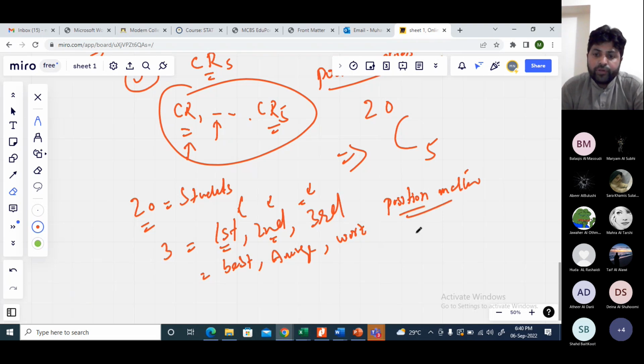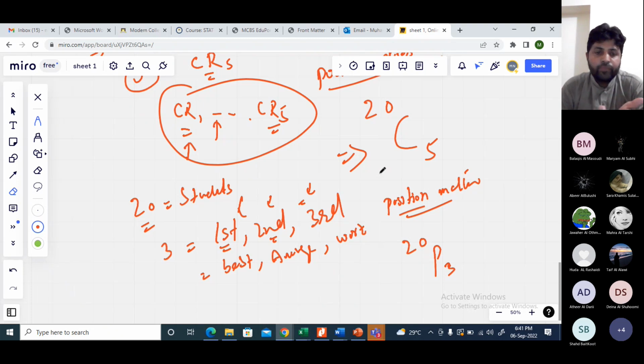So position is important. In those situations where the position is important, we apply the permutation. We can calculate the total number of experimental outcomes, or total number of arrangements, through the permutation formula, because both of these formulas give us the total number of arrangements, but we have to apply them very carefully by considering our situation.